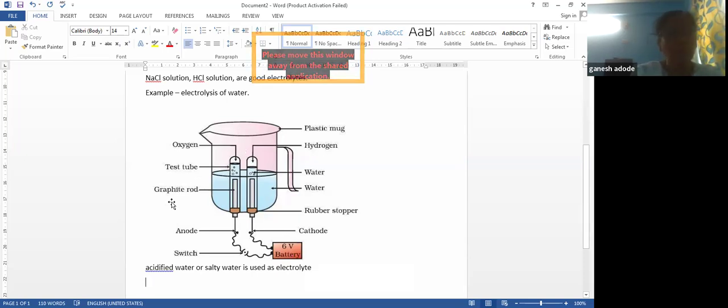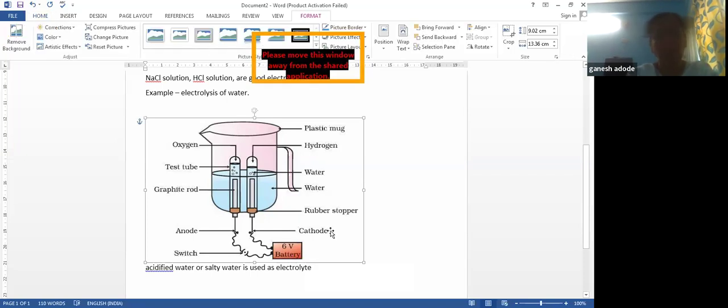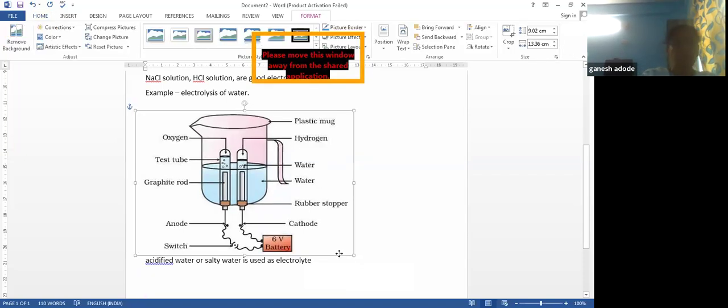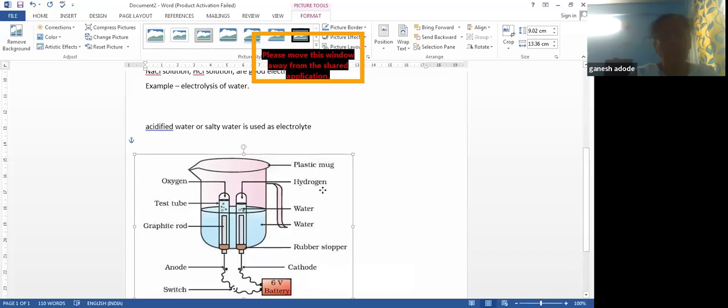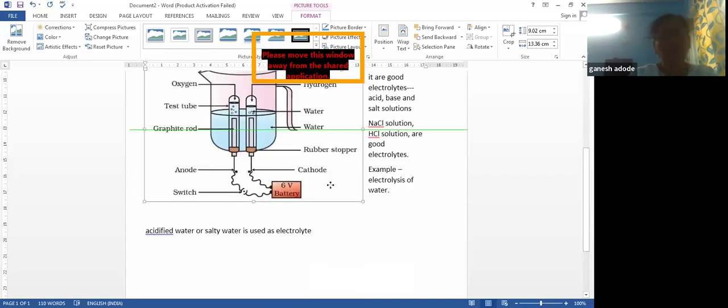There are two electrodes, these two graphite rods. I told you anode and cathode. Anode is attached to the positive end of the battery, and cathode is attached to the negative end of the battery. Have you got this one?